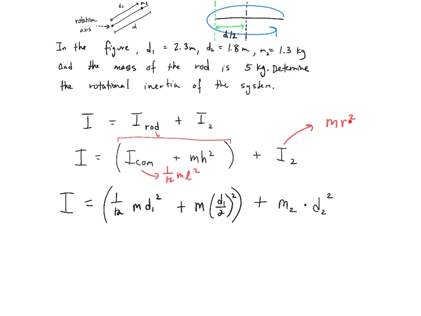They come from this formula here, because the r value is the distance between the rotating axis and the mass. This distance is D2, which is why this comes in as D2 here. And then again, the distance between the center of mass of the rod and the rotating axis is given as h, and that's half the length of the rod, which is why we're using D1 divided by 2 there for h. Any questions on this problem? And we can plug in numbers in a second, but any questions so far?